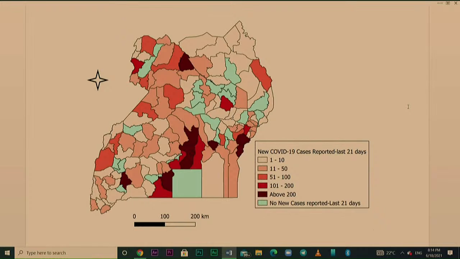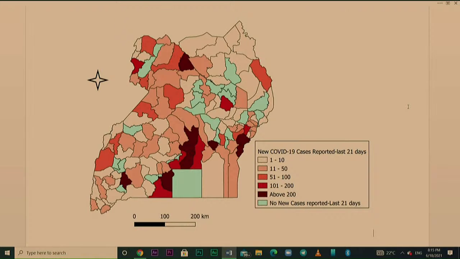The bad districts are which ones? The ones with the red, with the pink. That's Kampala or Kiso. You can see the ones that are the highest. Then the other pink ones are what? Let me see. These colors are not clear here. The pink ones are the bad ones, the green ones are the ones which are still all right.